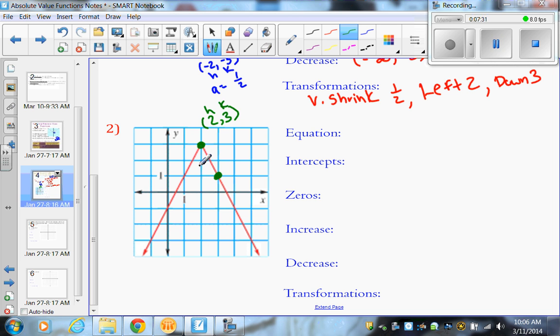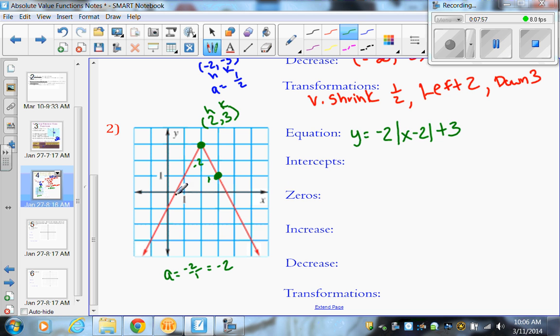And to get there, I'm going down 2 and to the right 1. So my a value would be -2 over 1, which is just -2. So my equation would be y equals a, which is -2, absolute value of x minus h, so -2, and then plus k.